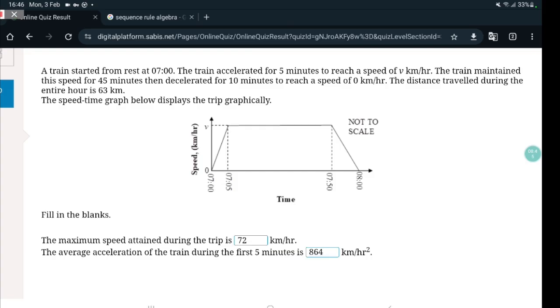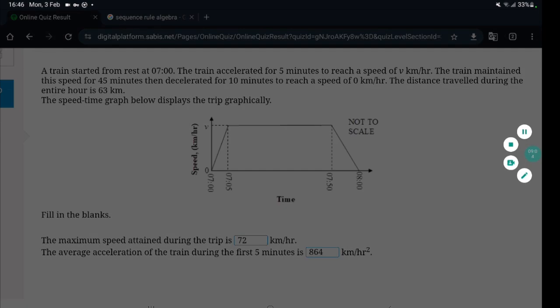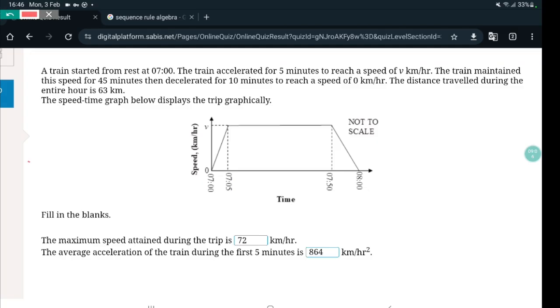So the area of the trapezoid is equal to 63. Since we have the area, we know the rule. What are we trying to find in this trapezoid exactly? We have one of the bases, the second base, and the height.